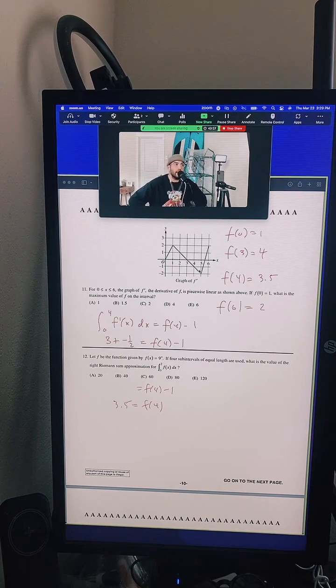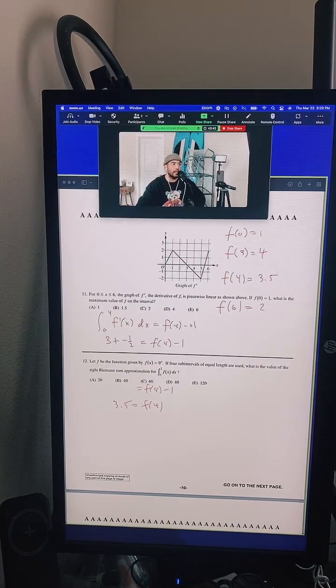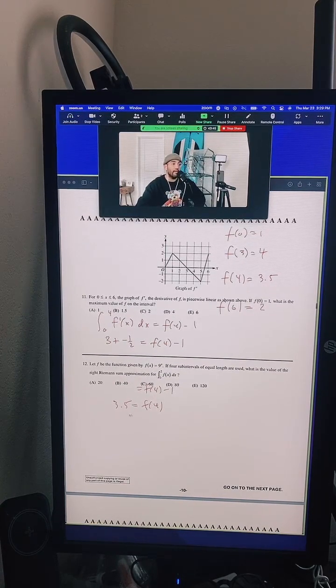Yeah, the answer is telling me that it's D. Literally, in the answer key, it is saying that it's D, which is interesting. But anyway, let's go ahead and go to another question. I do agree that this is a little confusing, but it looks like the answer was D. And when we did it, f of 4 was larger than f of 3.